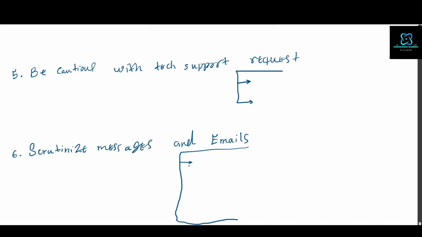For example, you receive an email or message saying, hey, you win an Apple or computer device, click on the link, or you have $1 million and click on this link. That is the usual one. Do not click on that link. It is a scam and the attacker uses this way also.